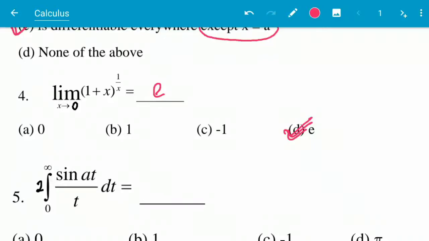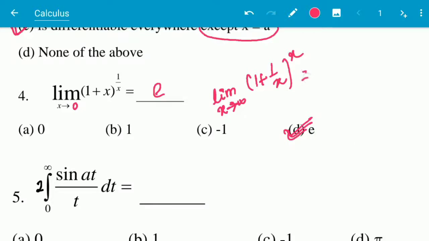We have to remember another similar limit, that is limit x tends to infinity, 1 plus 1 by x whole to the power x. Only here 0 is replaced by infinity, x is replaced by 1 by x, and 1 by x is replaced by x. So what will be the answer?